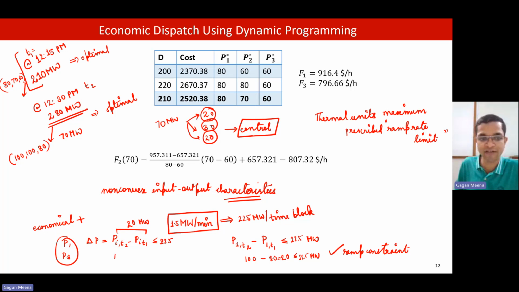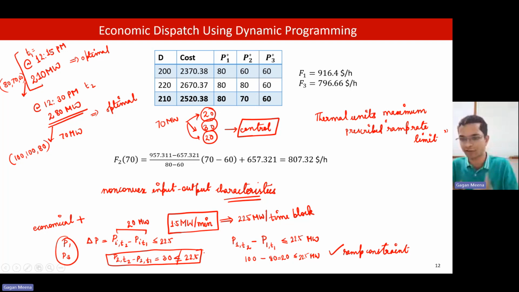But for generator 2, P T2 minus P T1 is 30, and it is not less than or equal to 22.5. Here it is violated.